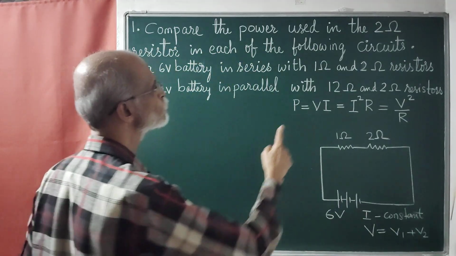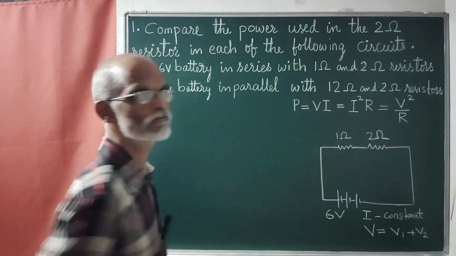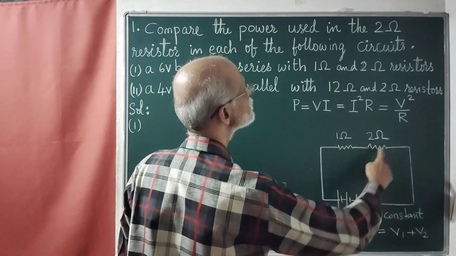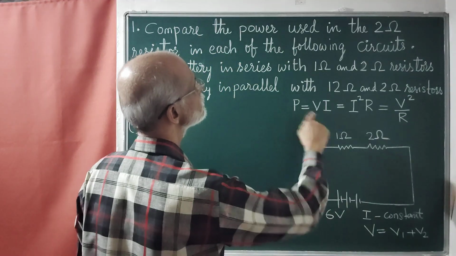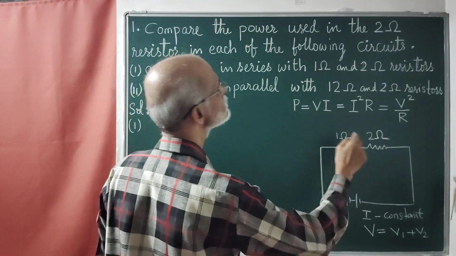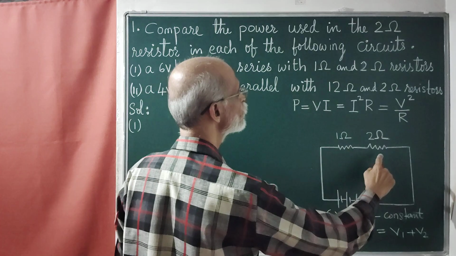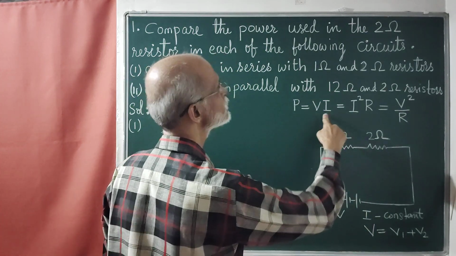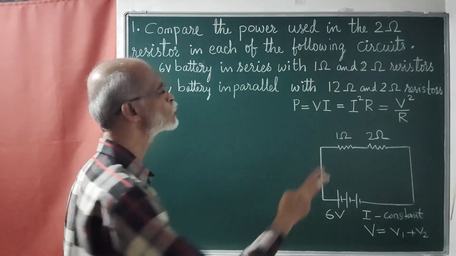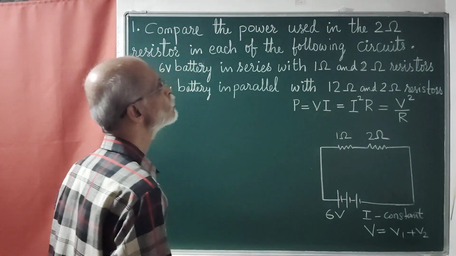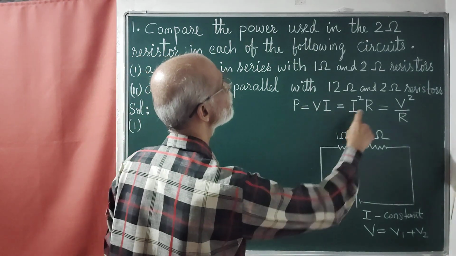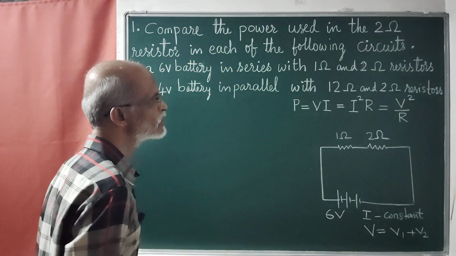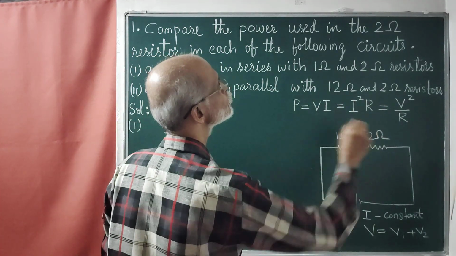So now suppose I use this formula, P is equal to VI. I have to find out the power of this one. So to find the power of this, I have to calculate the value of V for the 2 ohms, and also I have to calculate the I. I is constant. So I have to calculate both V and I. So I'll go for this formula, P is equal to I square R. Here the R value is there with us, 2 ohms.